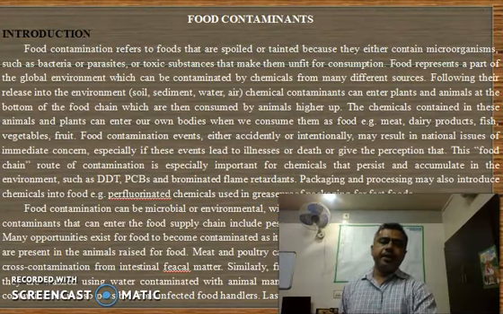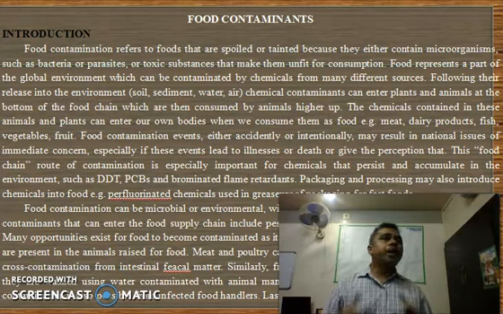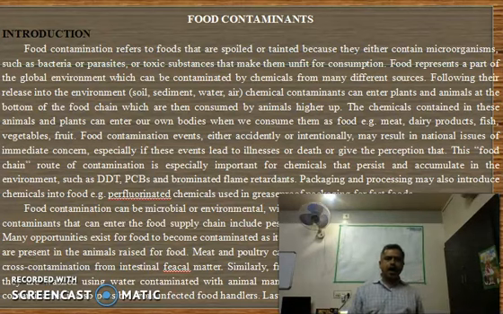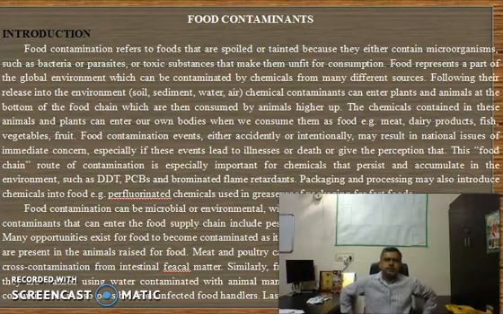Now, food contaminants. This is the new topic and I will tell you how it is possible. First, what are food contaminants? Food contaminants refers to foods that are spoiled or tainted because they either contain microorganisms such as bacteria or parasites, or toxic substances that make them unfit for consumption.